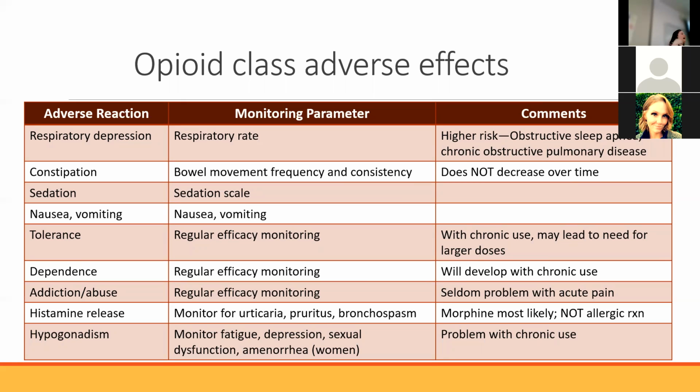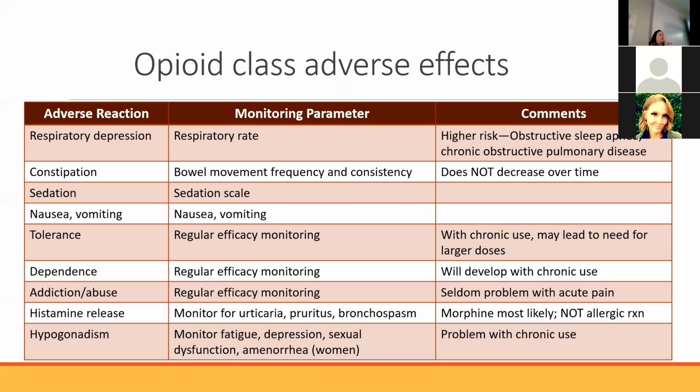So as patients need higher doses of pain control for a chronic condition, it's going to be the same dose that leads to respiratory depression. So once you start getting higher, you're more and more likely to potentially have dangerously low respiratory rate.